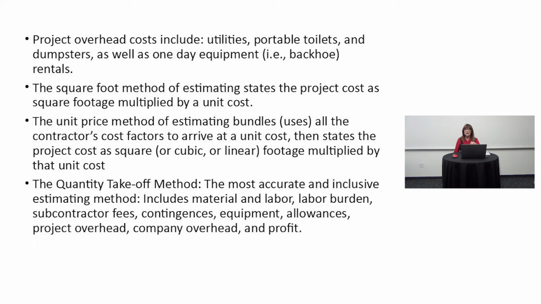Project overhead, specific to the project that you're working on, includes utilities, that's making sure you have electricity, finding a source for, for instance, portable toilets, dumpsters, as well as one-day equipment rentals, like a backhoe, like the mythical backhoe.